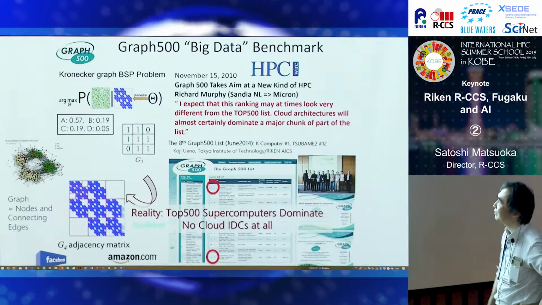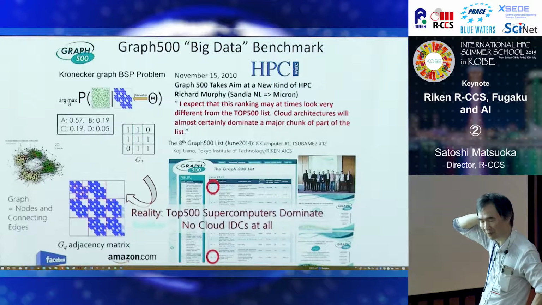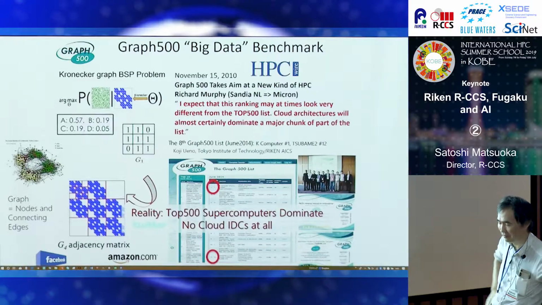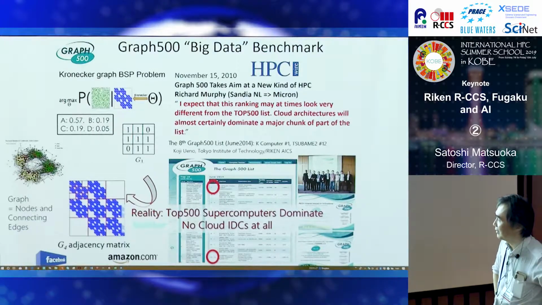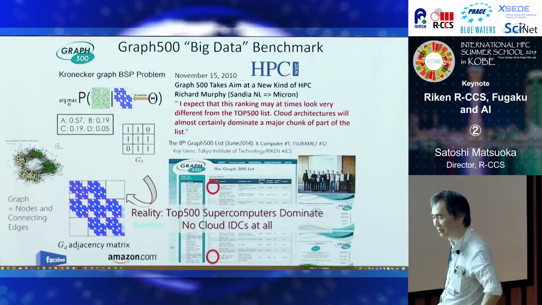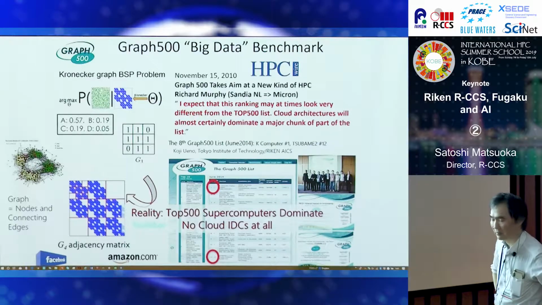So the Graph 500, when it was started back in 2010, one of the authors, our good friend Rich Murphy, who's now at Micron, predicted that you'd see a very different list from the Top 500, which is the LINPACK benchmark, which was compute dense linear algebra centric. That was his prediction.